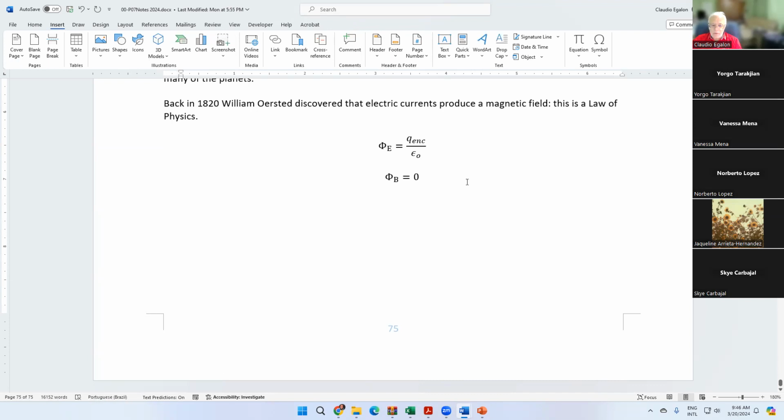And now we have this other law that states, first I'm going to spell that out in words, an electric current creates a magnetic field.